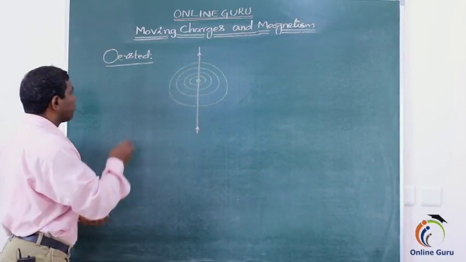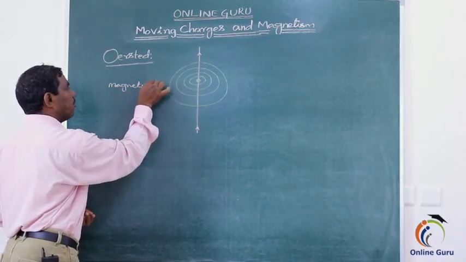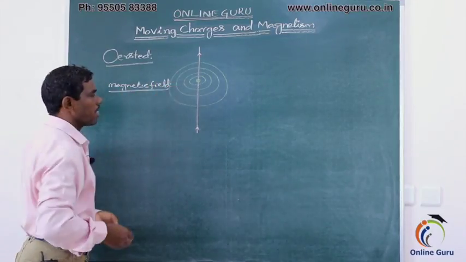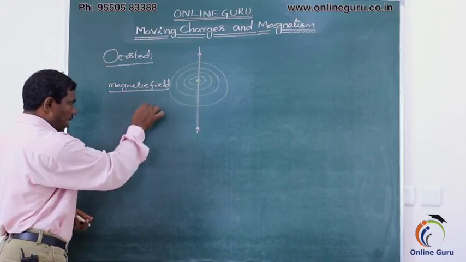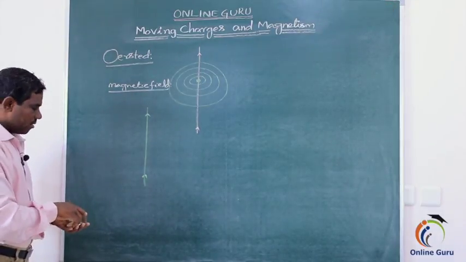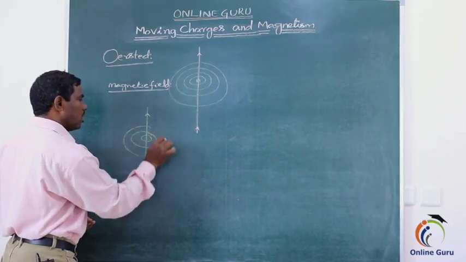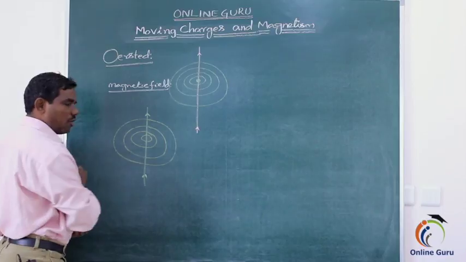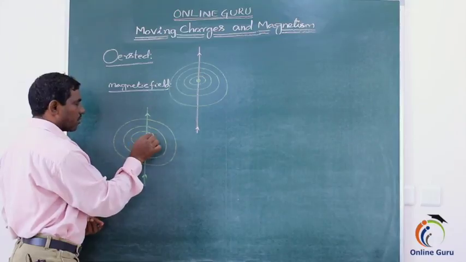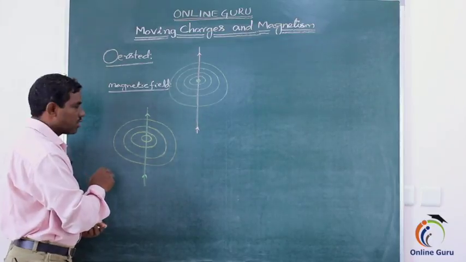Then they defined the magnetic field. What is the magnetic field? When a conductor carries current, a magnetic field is produced around the conductor in the form of concentric circles.